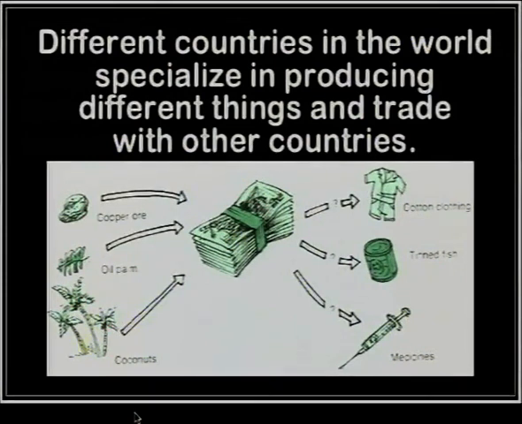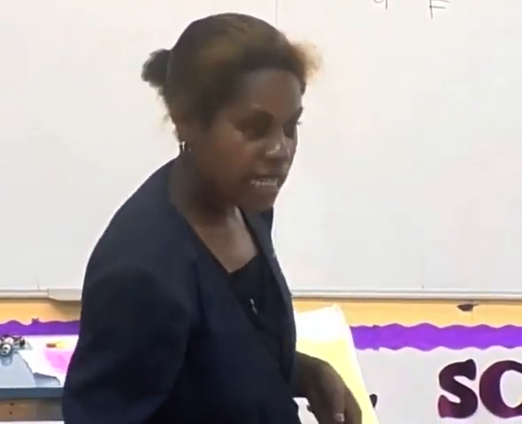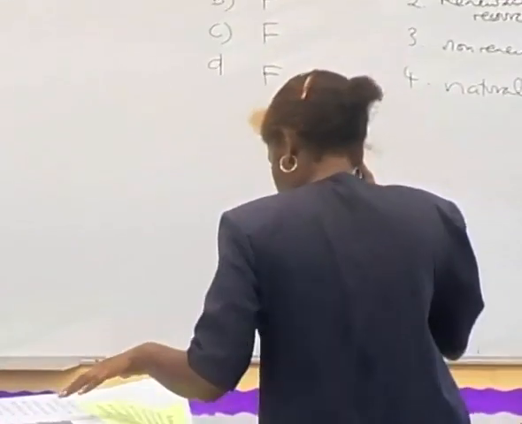We send our resources out to other countries and we bring in other products that can be manufactured, other goods, right? So what do we call these two words, when we send things out or we receive? Exports and imports. Okay, good.